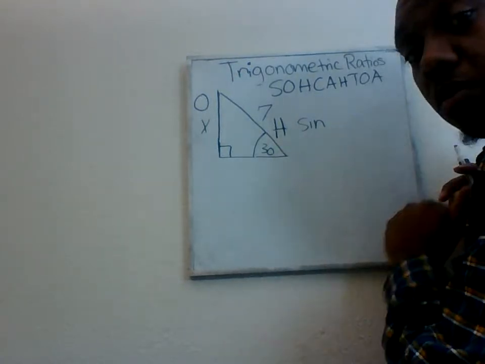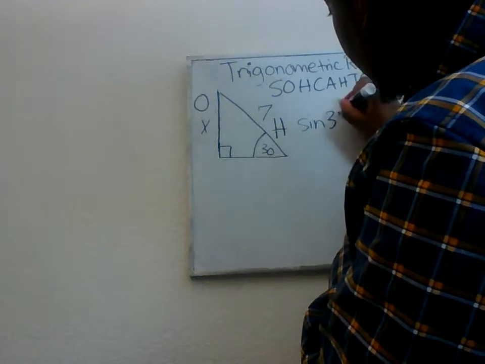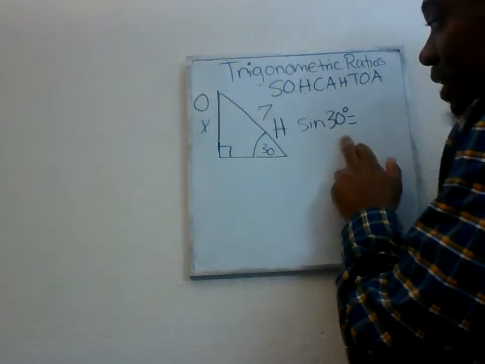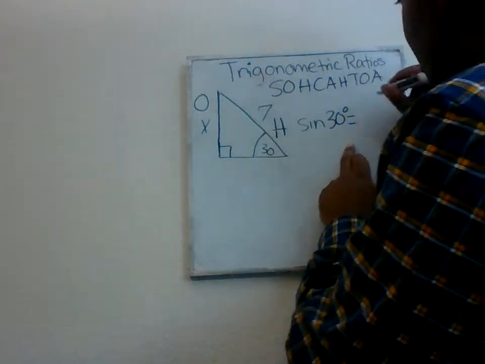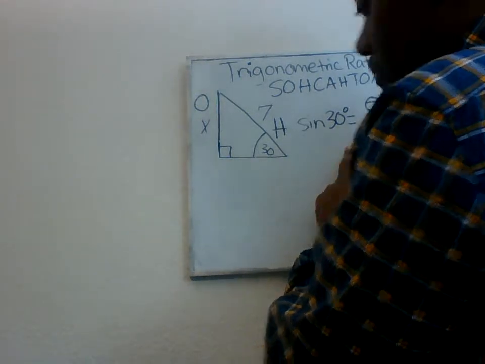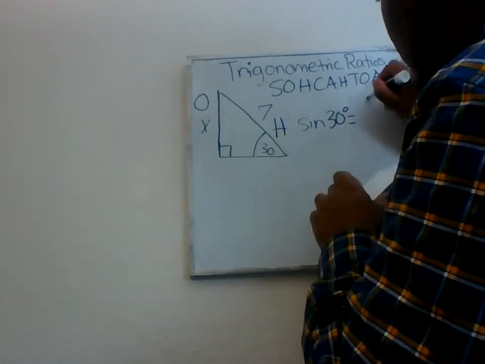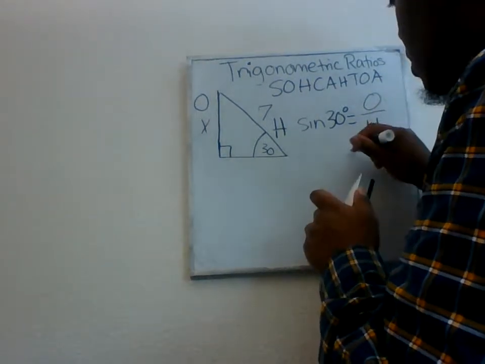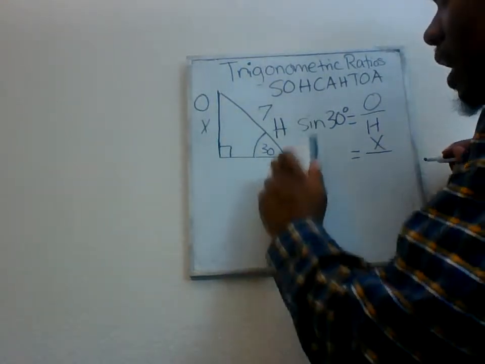Well, in this case, we know what the angle actually is. The angle is 30, so we can put the 30 degrees in here. Sine of 30 degrees is equal to the opposite side over the hypotenuse. In this case, I know the opposite side is x, and I know the hypotenuse is 7.